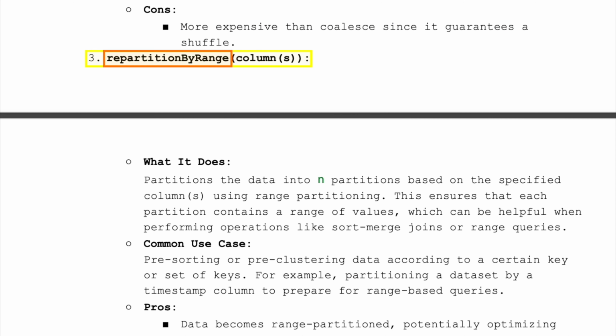3. Repartition by range(n, columns). What it does: partitions the data into n partitions based on the specified columns using range partitioning. This ensures that each partition contains a range of values, which can be helpful when performing operations like sort, merge joins, or range queries. Common use case: pre-sorting or pre-clustering data according to a certain key or set of keys.